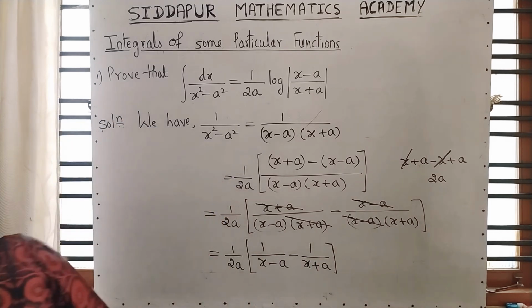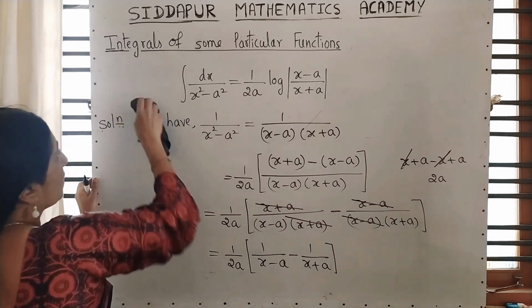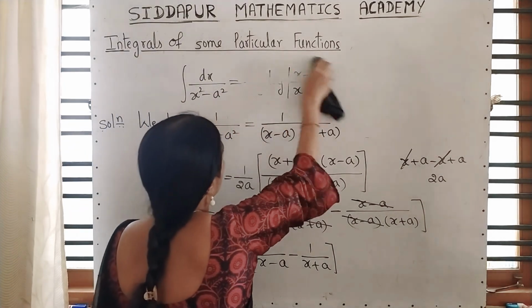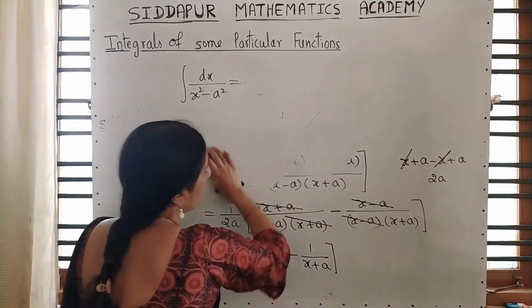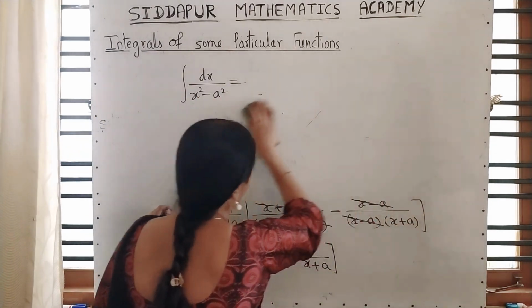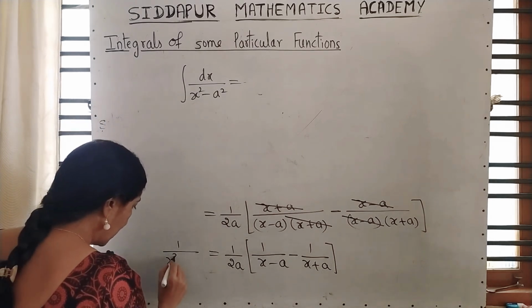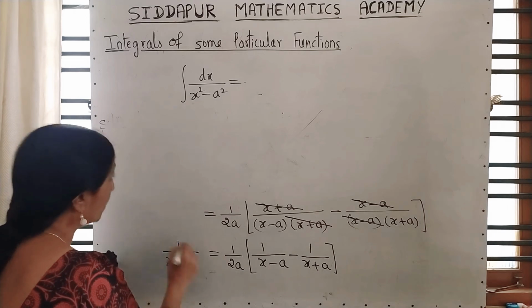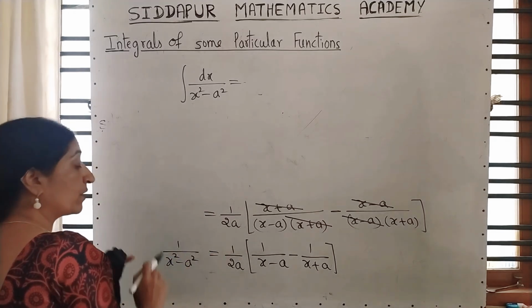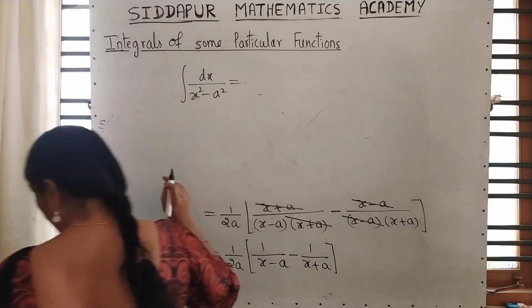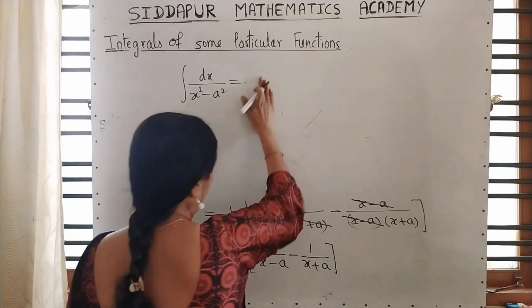Now write down these values in the integration. Therefore, integration of dx upon x square minus a square, because on this side we have 1 upon x square minus a square. On both the sides, integrate with respect to x. So this is dx upon x square minus a square.